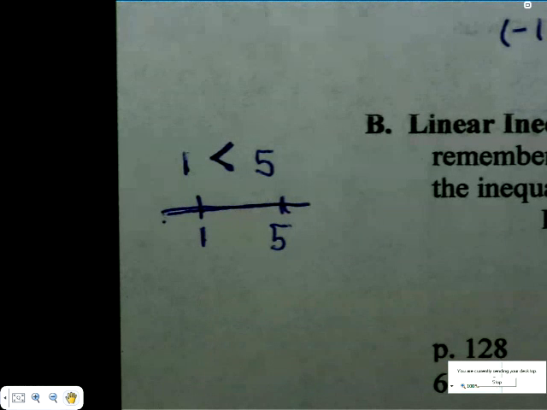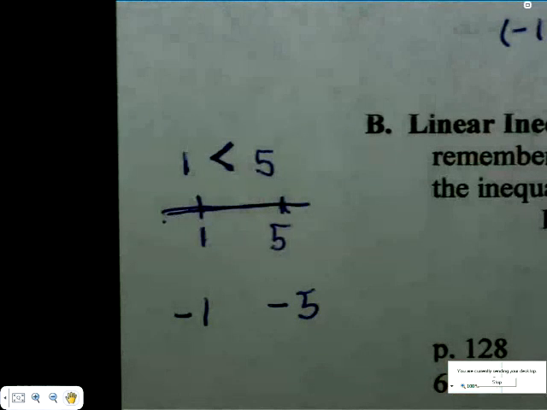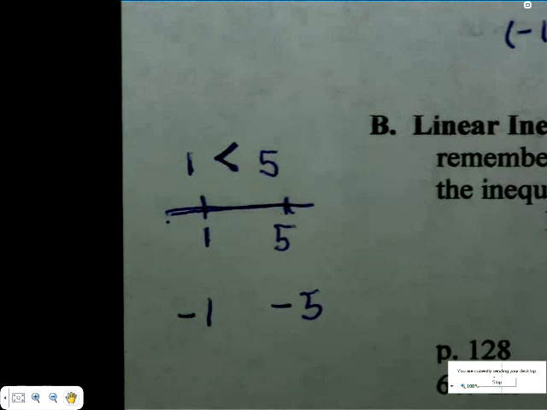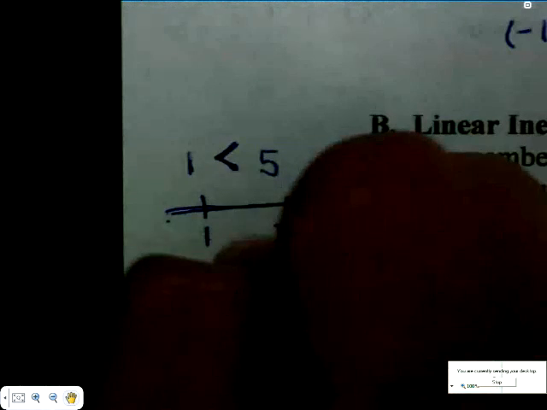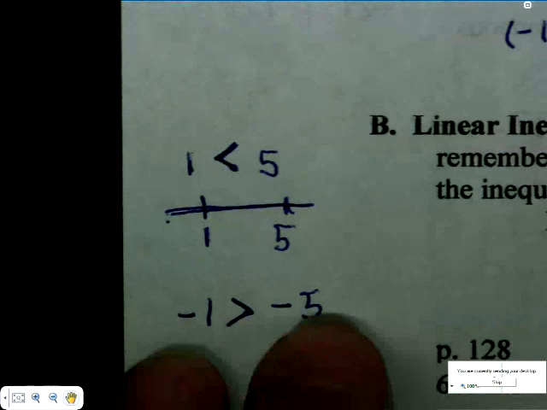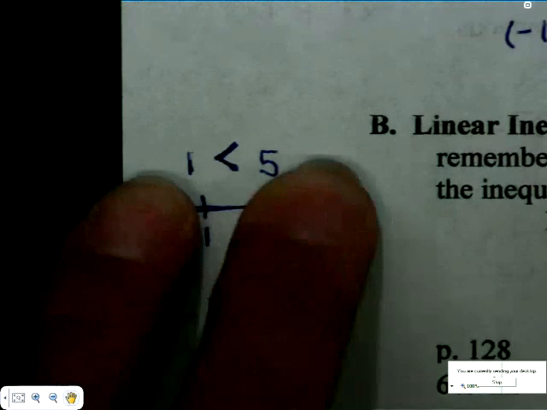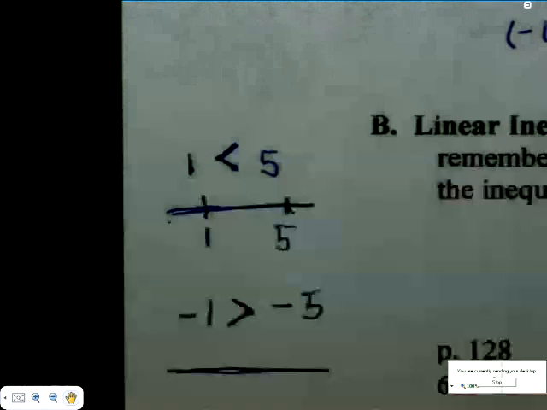However, if I look at -1 and -5, what inequality symbol goes between those two? -1 is greater than -5. These numbers are the same as the previous numbers multiplied by -1, but sure enough, the order in which they lie on a number line has changed.